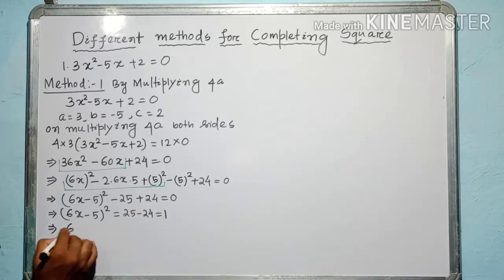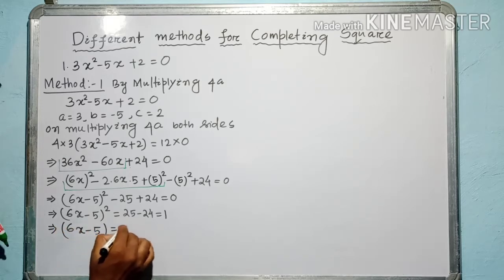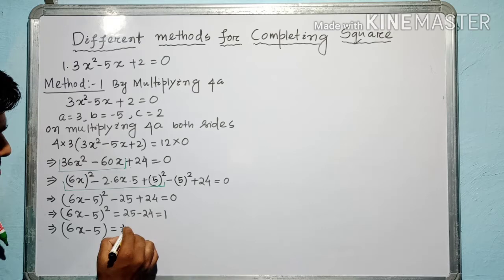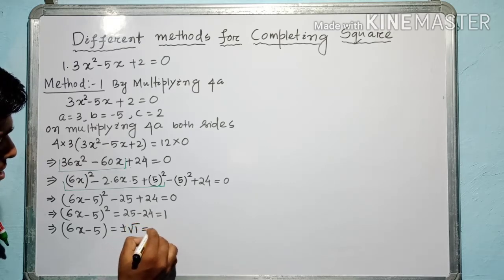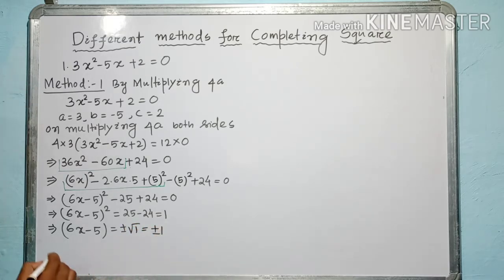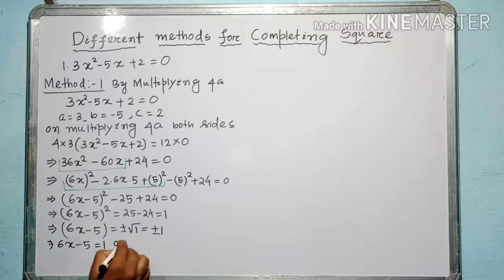This implies that 6x minus 5 is equal to plus or minus root of 1, that is plus or minus 1. So 6x minus 5 is equal to 1, or 6x minus 5 is equal to minus 1.